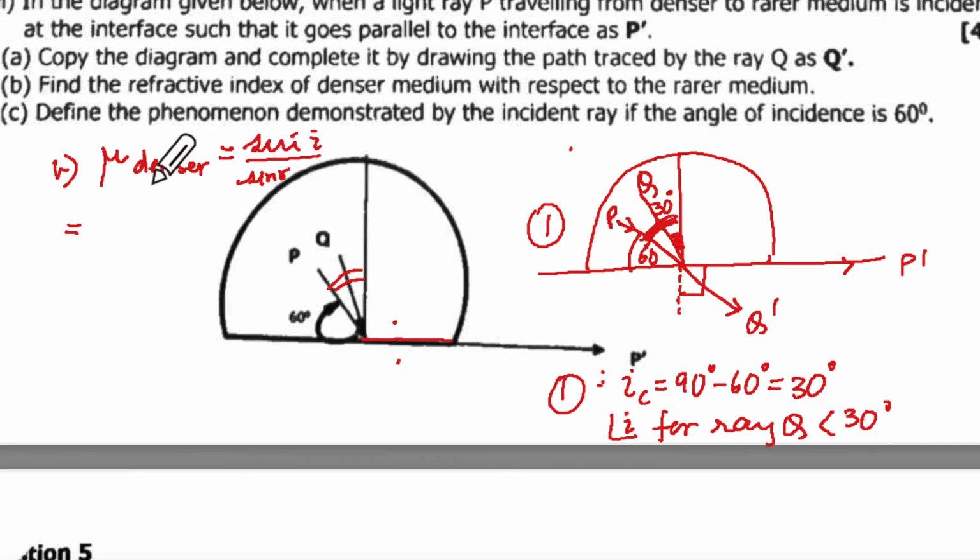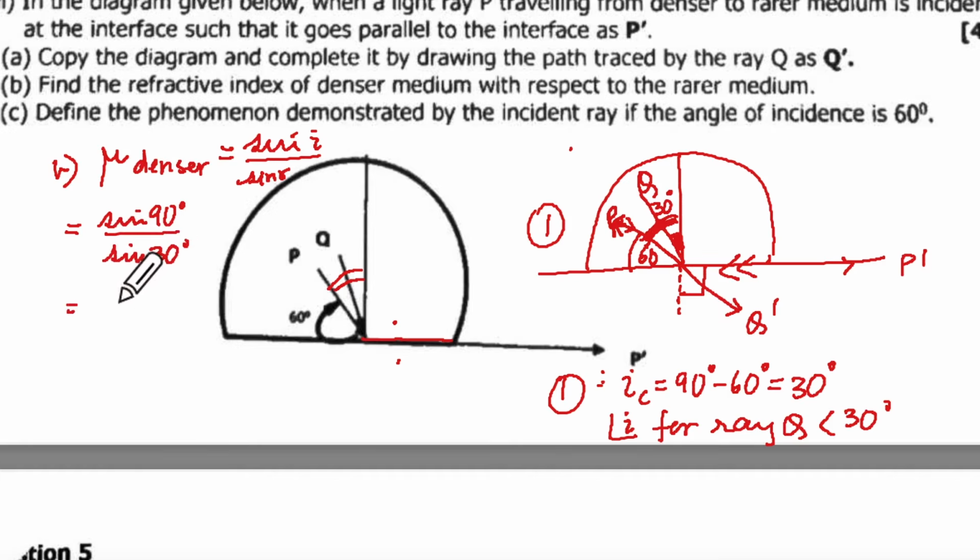Now using the principle of reversibility, if the ray had to go this way, then it would have emerged this way, gone this way into the denser medium, correct? Then this becomes your angle of incidence and this becomes your angle of refraction. So it is going to be equal to sine 90 degrees upon sine 30 degrees.